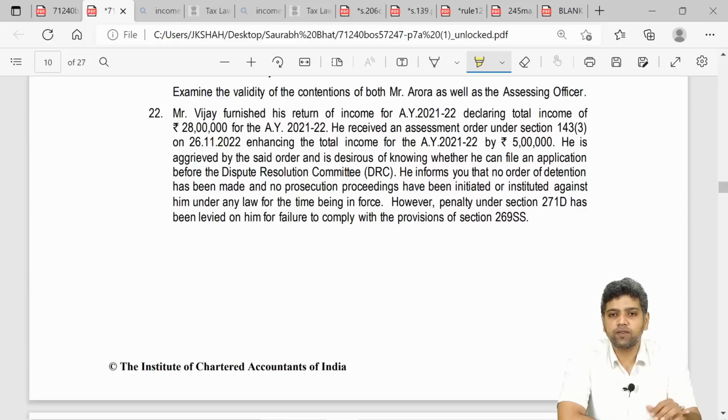They have been issued notices or maybe a search is conducted, and thereafter now they have sudden realization that we want to come clean. They can approach Settlement Commission, they could have approached Settlement Commission, and they could have come clean by disclosing what all undisclosed income, undetected income they have. They would pay the tax along with interest, but they would apply for immunity from penalty and prosecution.